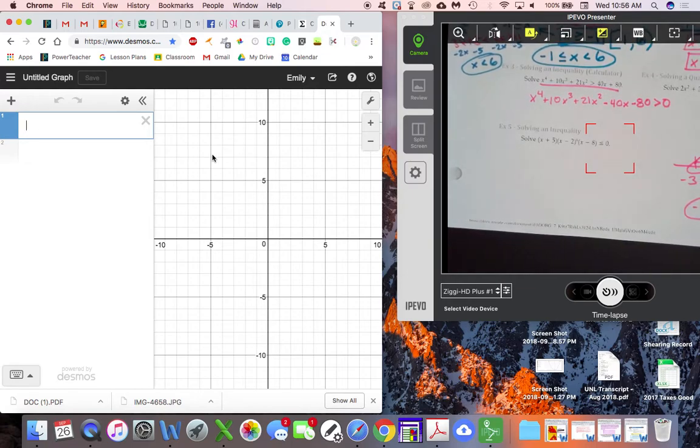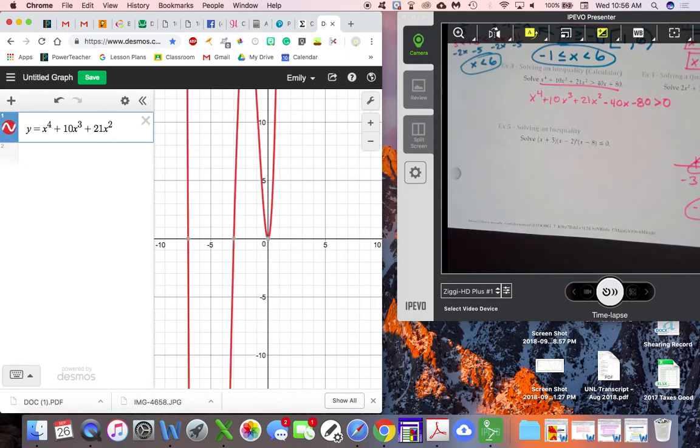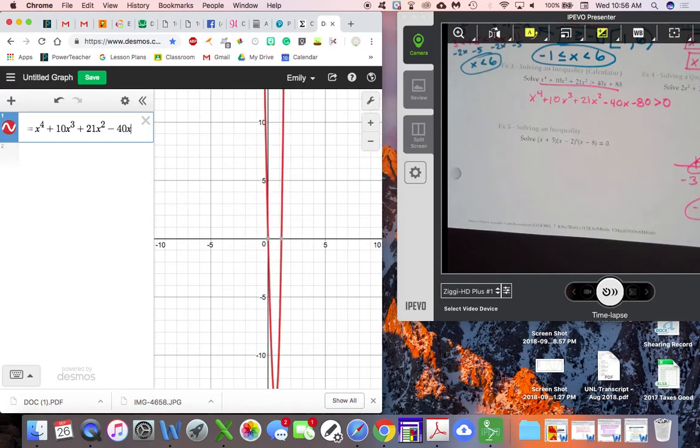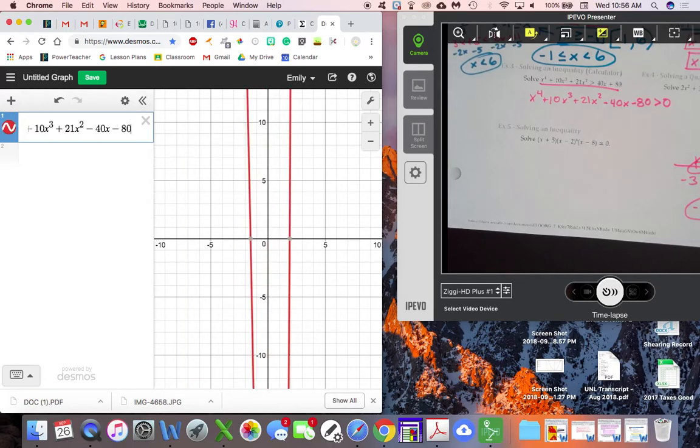Okay, so I'm going to graph that entire thing. X to the fourth plus 10x to the third plus 21x squared. Oh my gosh. 40x minus 80. And that's it. Enter.